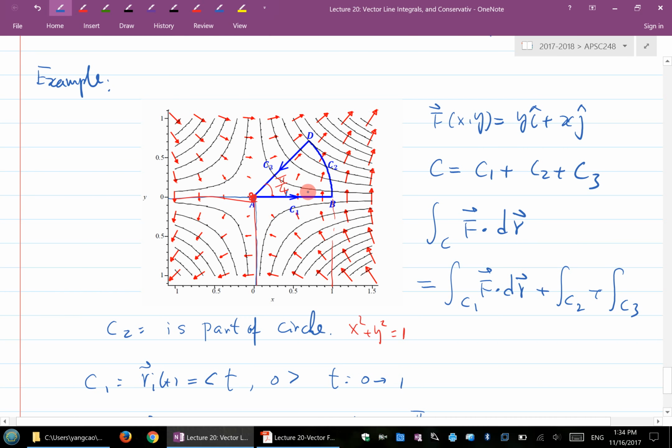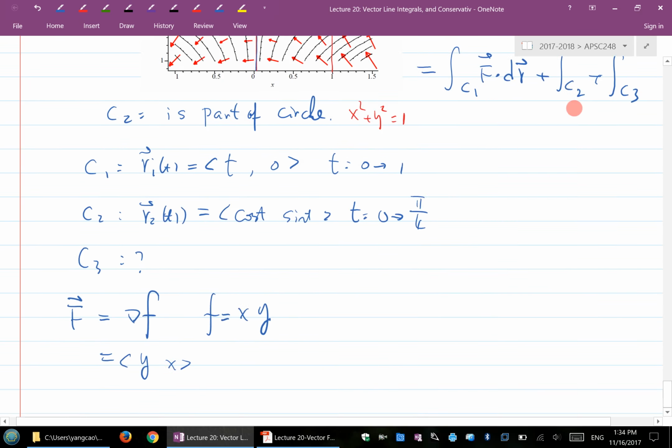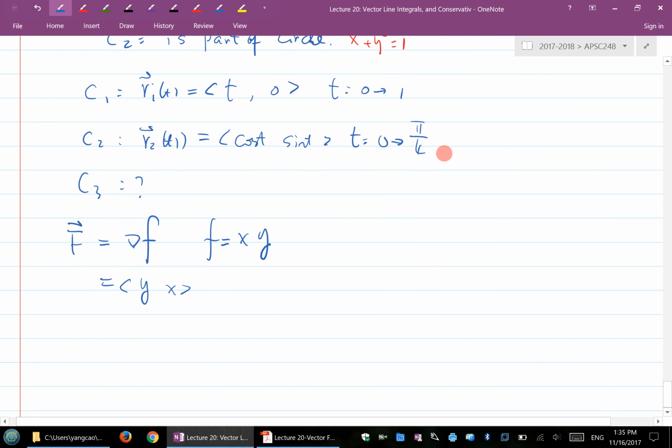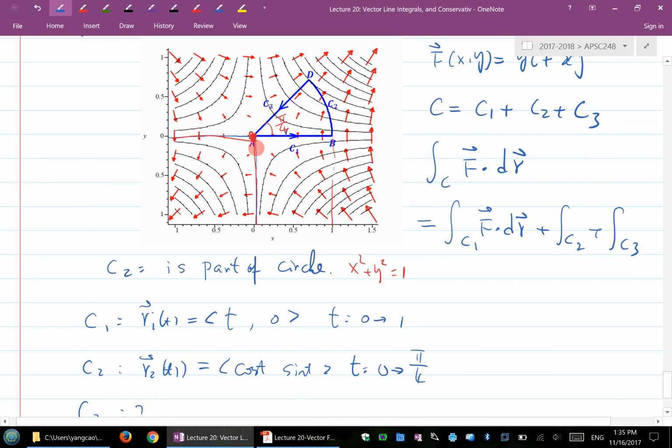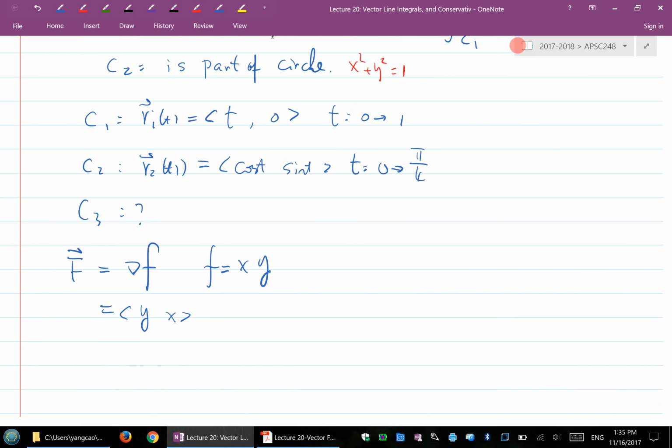You should get 0. But I still don't quite believe that, so let's try it. I'm going to use the fundamental theorem to try this out, let's say for C1. Before we do this, let's first find the coordinates for A, B, D here.